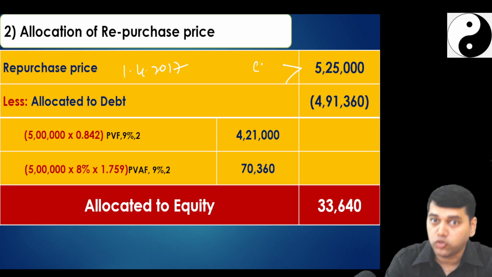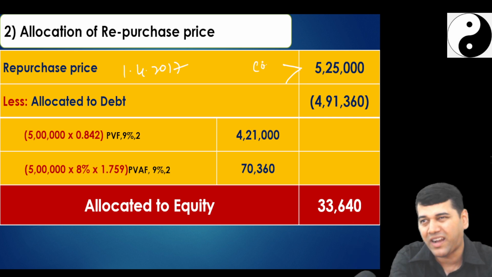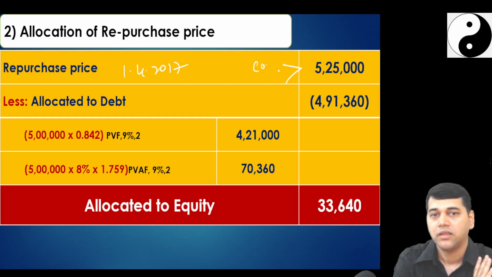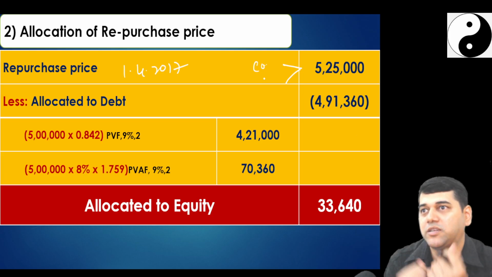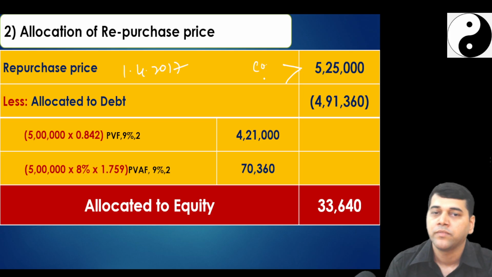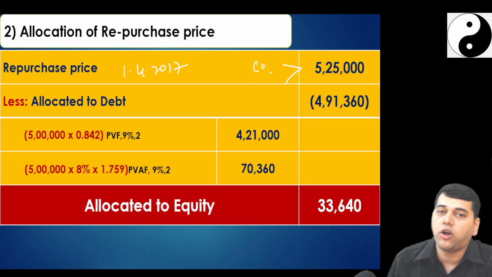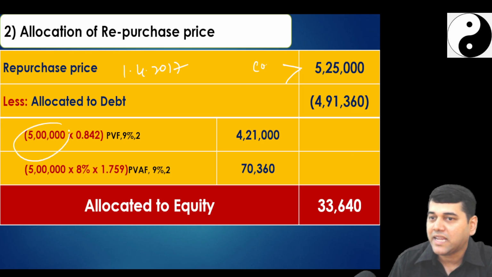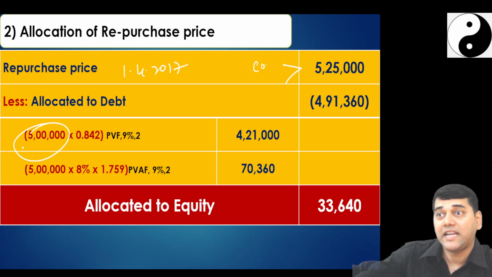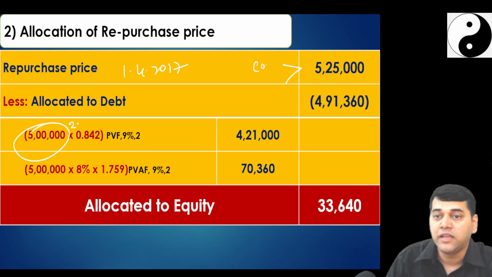One is your contractual obligation, because today or tomorrow you have to pay something. And there was something that was not required to be paid, which you paid to attract customers, a discount or something like that. Today or tomorrow, how much do you have to pay? 5 lakh at the end of the second year, 31st March 2019, and 40,000 rupees on 31st March 2018 and 31st March 2019, 2 years of interest you need to pay.